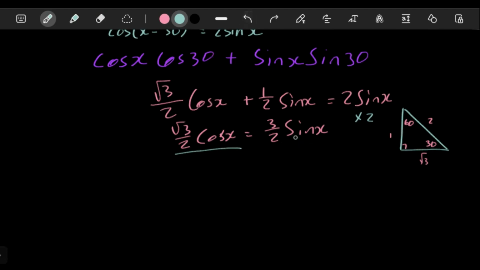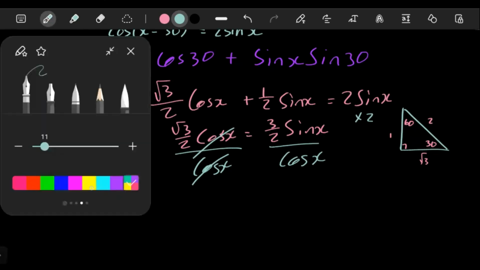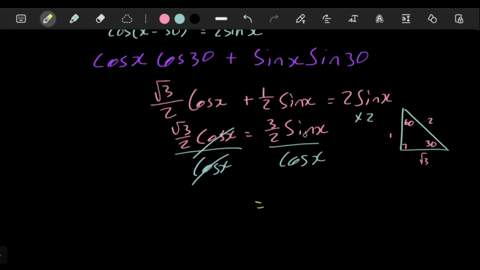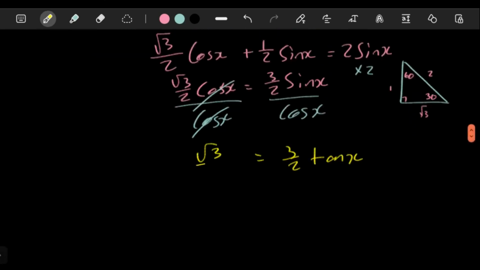So let's do it. If you divide by cos x here, this cancels that. If you divide by cos x on this side, this is going to be a tan, right? So it's 3 over 2 tan x. And this is square root of 3 over 2.